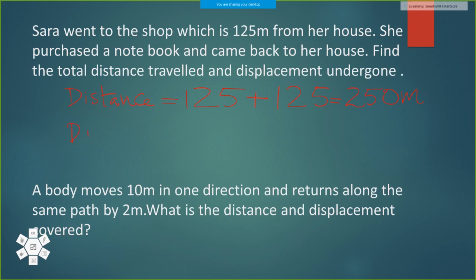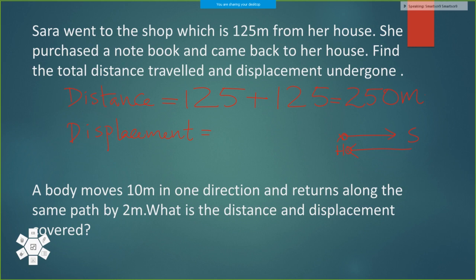And what about the displacement? How will you calculate the displacement? Displacement is the shortest distance between initial point and final point. So from Sarah's home she started, then to the shop, then again came back to the home. And initial point and final point coincide.